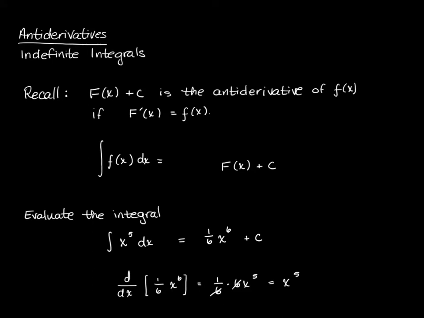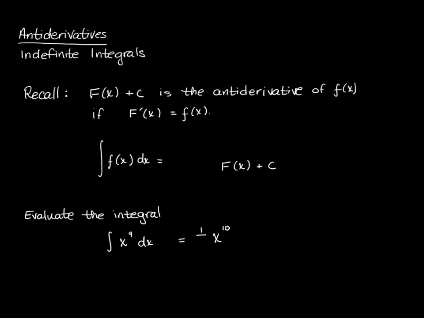I wonder what would happen if instead of x to the fifth, we were integrating x to the ninth. Well, the antiderivative of x to the ninth is going to be something with an x to the 10th in it, because the derivative of x to the 10th will be a function in x to the ninth. But again, the derivative of x to the 10th is 10x to the ninth, not just x to the ninth.